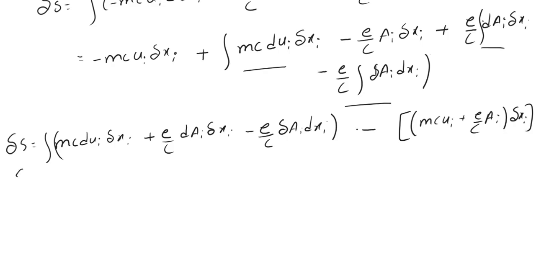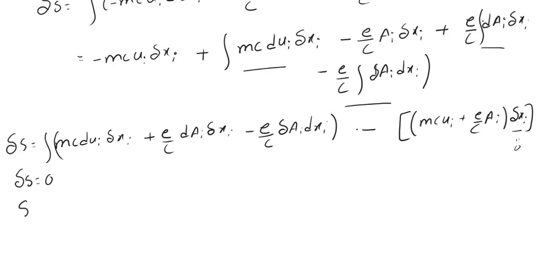Now we'll set the variation of S equal to zero. This means this whole thing is equal to zero. Since the integral is varied with fixed coordinate values, the del x term at the endpoints will go to zero, so the non-integral term goes to zero.